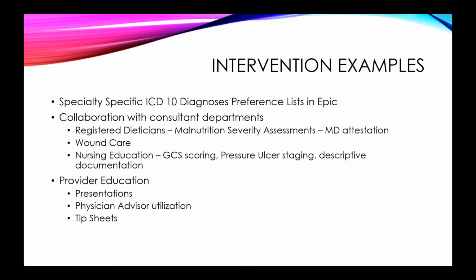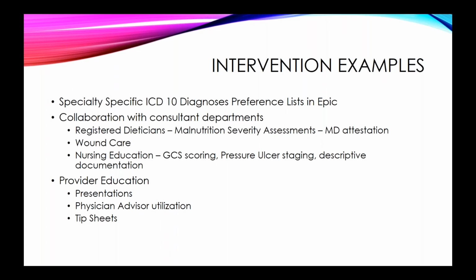So some examples of our interventions related to learning about this measure and claims-based measures in general: we developed a specialty-specific ICD-10 diagnosis preference list within EPIC, which is our EMR.